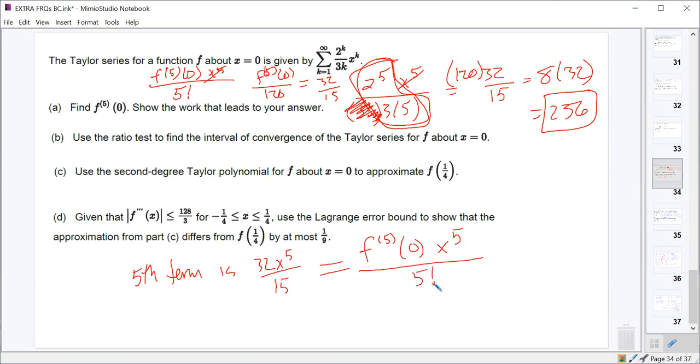By doing this: the fifth derivative at 0 times x to the fifth over 5 factorial. And so the x to the fifths cancel each other out. We're left with 32/15 equals the fifth derivative of f at 0 over 120. So we have to multiply by the 120 to figure out what the fifth derivative of f at 0 is.